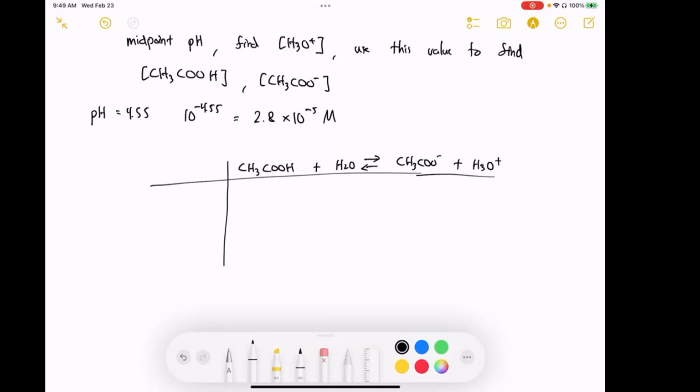So at the midpoint we had 0.025 and 0.025 here. So initial, change, equilibrium.